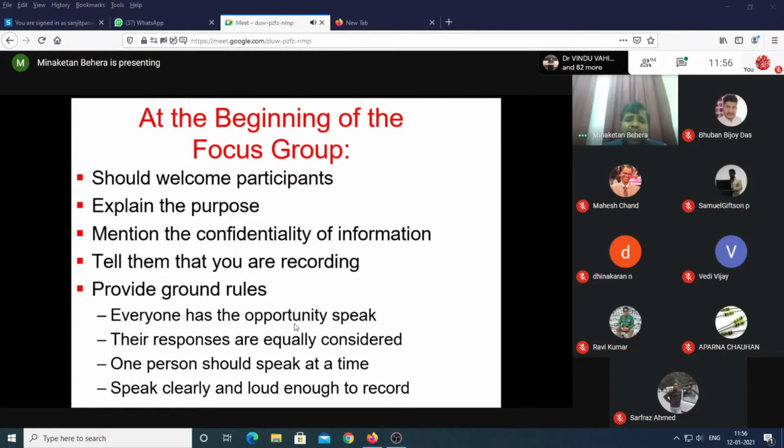You should welcome the participants, explain the purpose of the focus group, and mention the ethical issues. Then you tell them that whatever discussion is going on, we are recording. As a researcher, it is your duty to allow every participant to speak, and their responses should be taken into consideration.